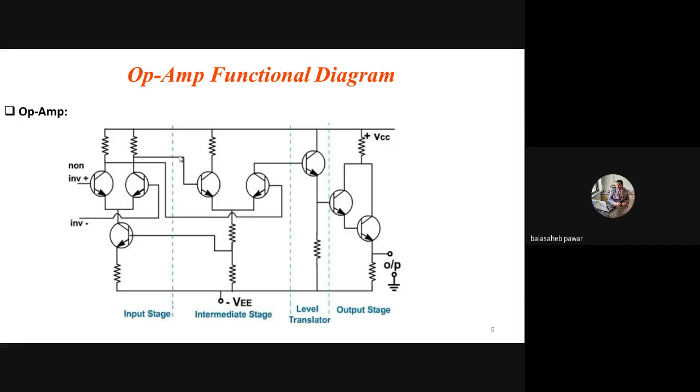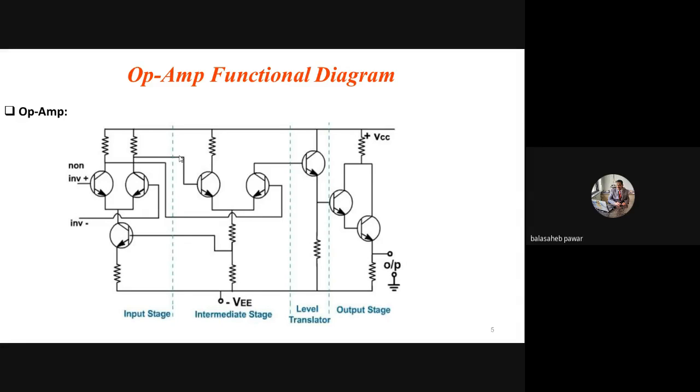Now see, what is the meaning of differential amplifier? That name itself indicates: differential amplifier means it will amplify the difference between two inputs. So there are two inputs, inverting input and non-inverting input. I'll give you an example.